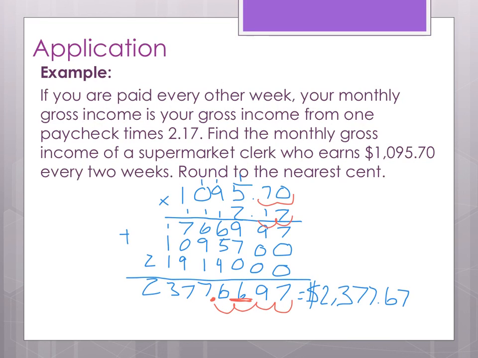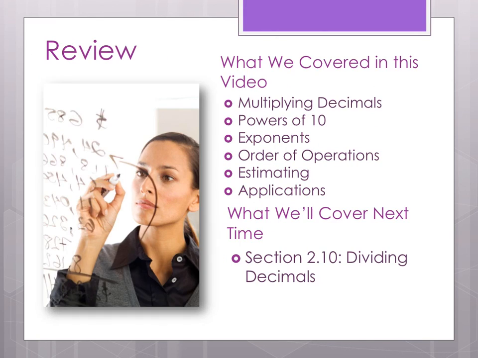So if we made a multiplication error, or a decimal error and got something like 23,000 or 237, we would have noticed that mistake, because if you do some front-end estimation in your head, I would round 2.17 to 2. And I'd round this to 2,000. So by quickly using that front-end estimation that we practiced, we know that our answer should be just around 2,000, which indeed it is.